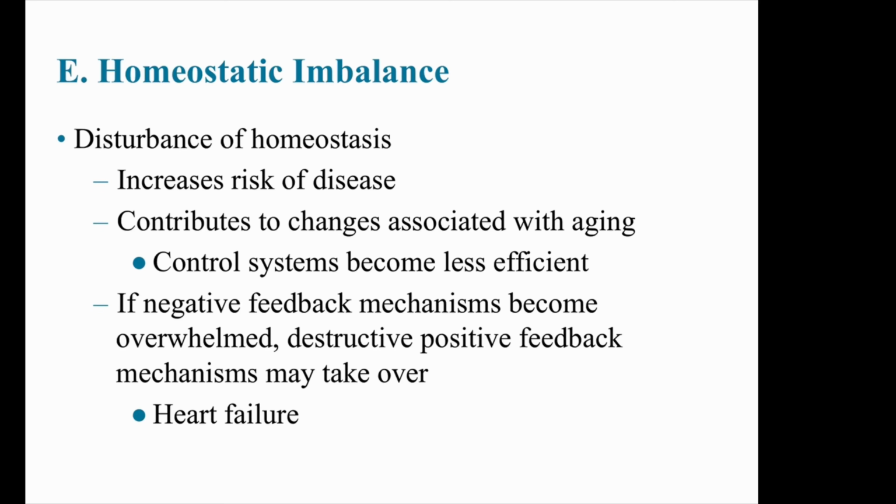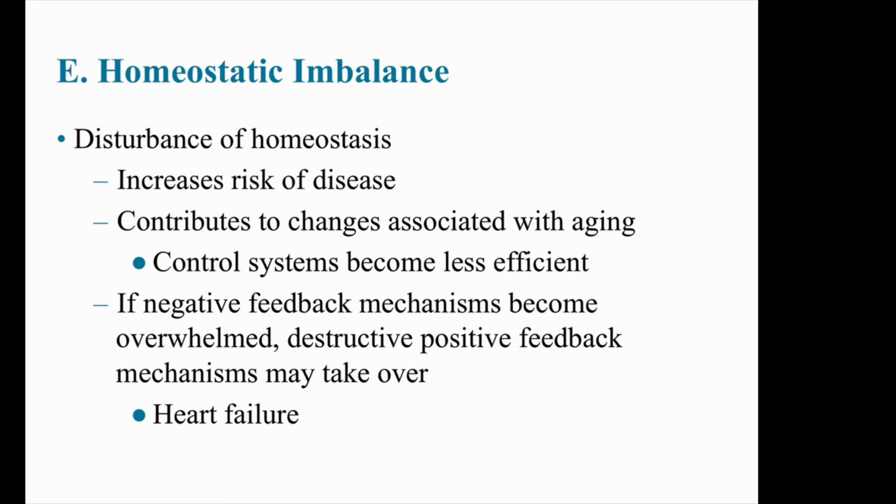Many diseases are a result of homeostatic imbalance, or the body's inability to restore a functional, stable internal environment. Aging is a source of homeostatic imbalance as the control mechanisms of the feedback loops lose their efficiency.